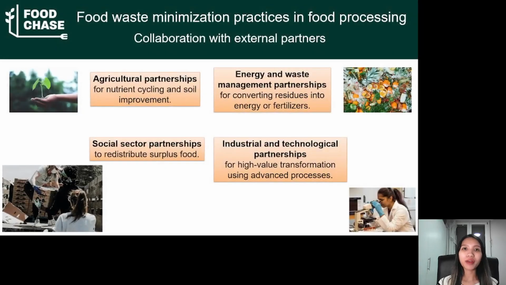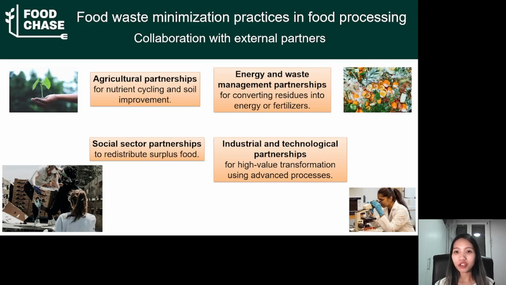Some types of collaboration include agricultural partnership for nutrient cycling and soil improvement. For example, the compost that was obtained from the composting of food waste can be given to the farmers so it can be used for cultivation. Energy and waste management partnership for converting residue into energy or fertilizer.